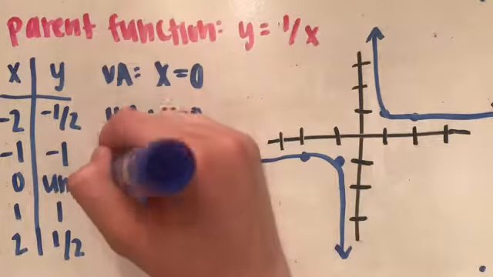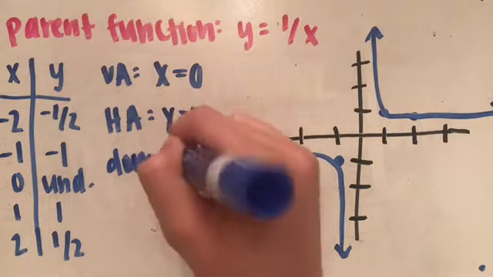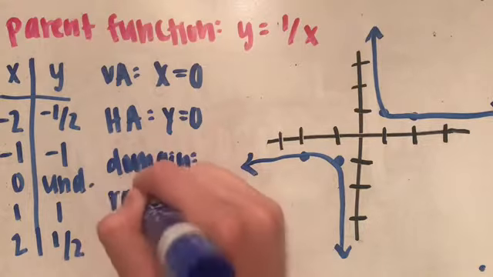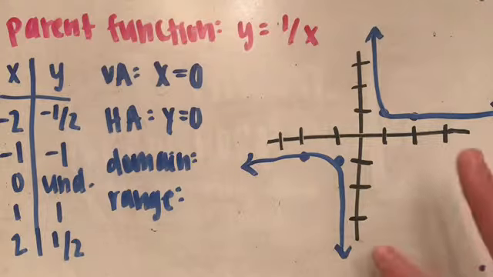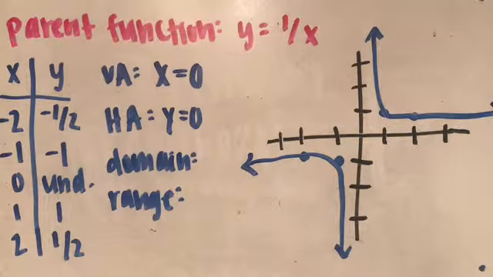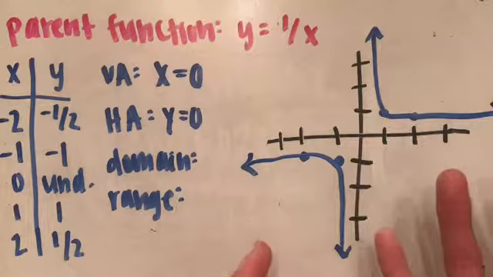Then we find the domain and range. Since there are two lines on our graph, it would be hard to determine the domain and range, so we normally just say what we cannot have.